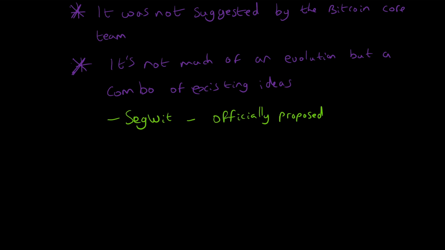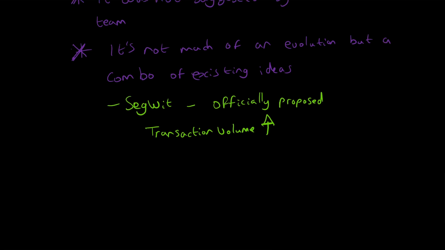This was basically to increase the volume of transactions that fit into each block without actually increasing the block size. So transaction volume goes up without actually increasing the block size. So that's actually quite a cool thing.